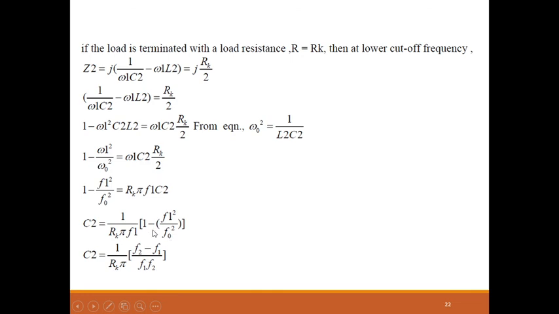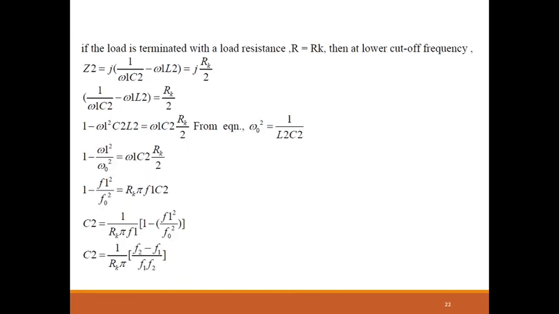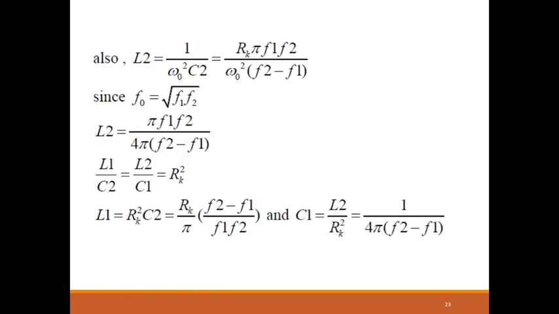So we are making the cross multiplication, f0 minus f1 is replaced like this, then f2 minus f1 divided by f1 into f2, so that the common frequencies have been eliminated. So L2 should be equal to 1 divided by omega naught square C2, which is Rk divided by pi f1 and f2 divided by omega naught square into f2 minus f1.